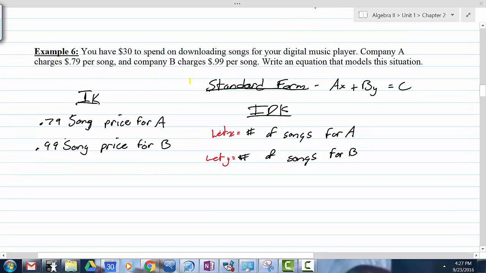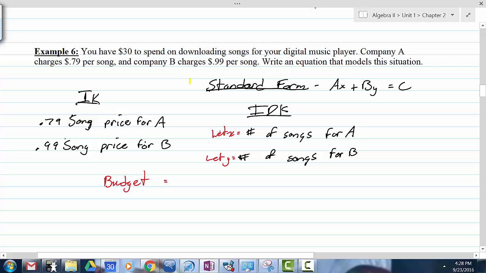So from there, we can formulate what our equation is going to look like. Say you're talking about your budget. How are we going to find out how much money you're going to spend?